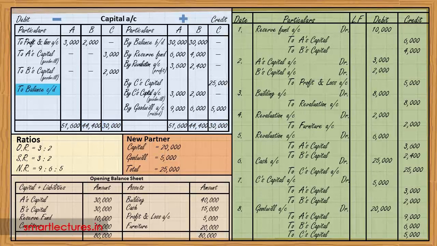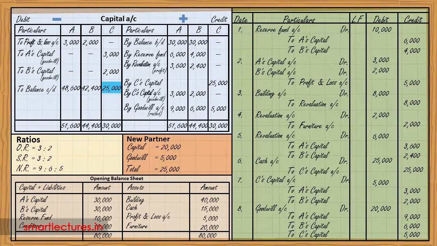And to balance CD, these are the balancing figures: 48,600 for A, 42,400 for B, and 25,000 for C. In this way, we have found the closing balances of A, B, C. These closing balances will move to the balance sheet.